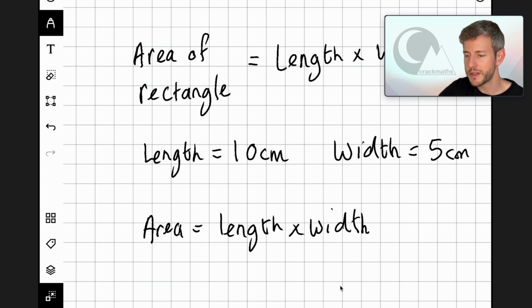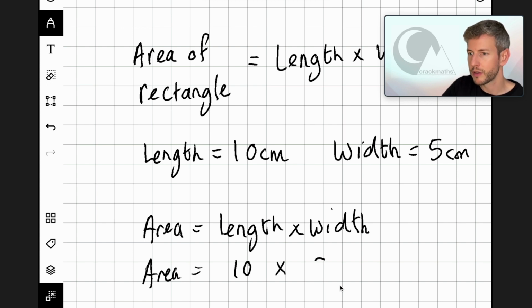So we're going to use the area equals 10, which is the length, times by 5, which is the width, which would equal 50. And as it's an area, I'm just going to put the units here, which is 50 centimetres squared.